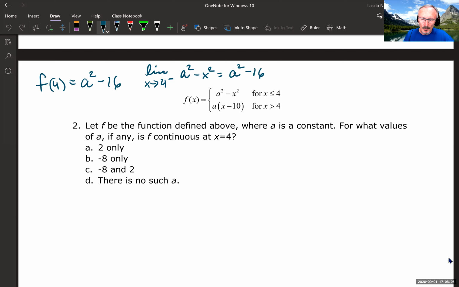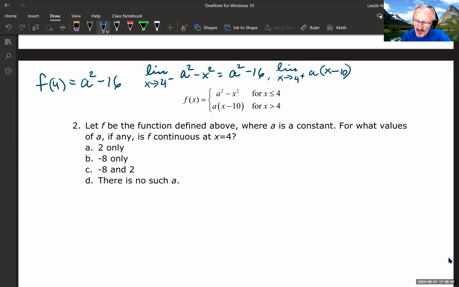And so those two, of course, are equal. And additionally, we'd have to have the limit as x approaches 4 from the right for a times x minus 10. And that would also have to equal a squared minus 16. Again, that definition of continuity at x equals 4 at that point.